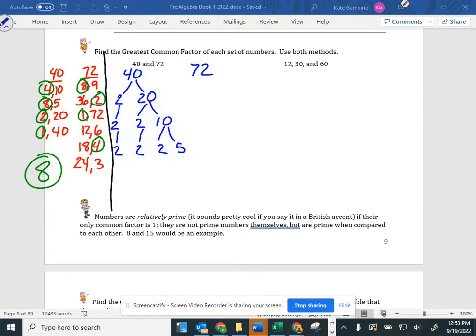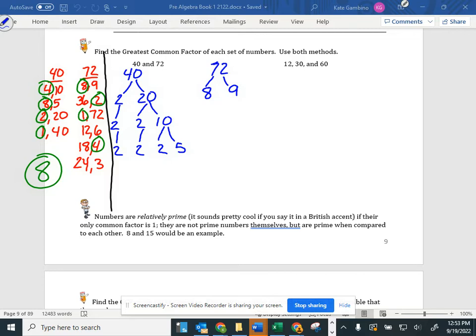So now I'm going to go over to 72. And I'm going to move it over just a little bit so I have a little more room. What can I break my 72 down into? Priya? 8 and 9. Are either of those prime?